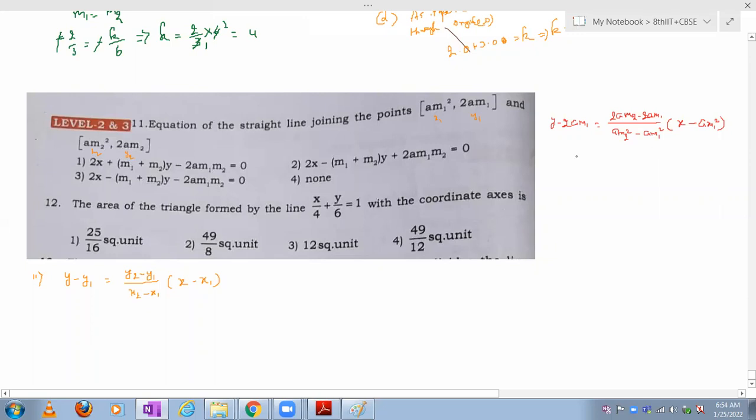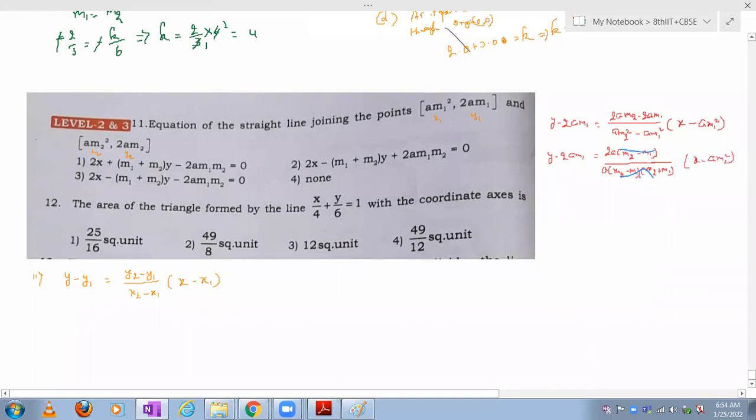So here, y minus 2am1 is equal to 2a taken common, (m2 minus m1), divided by a taken common, (m2 minus m1) whole into (m2 plus m1), the whole into (x minus am1 square).